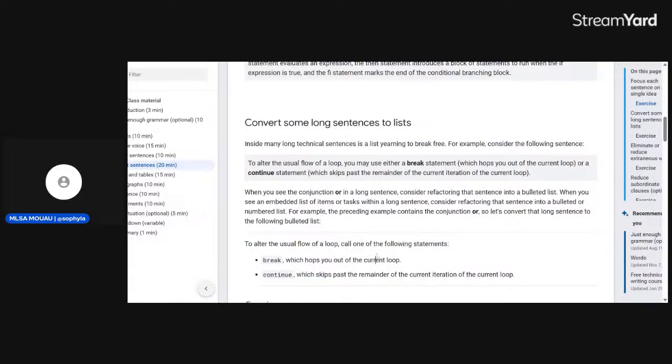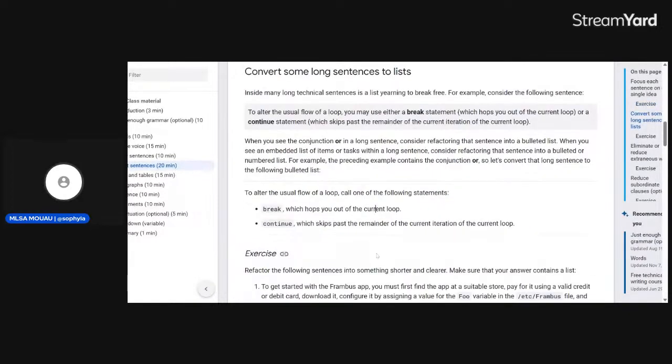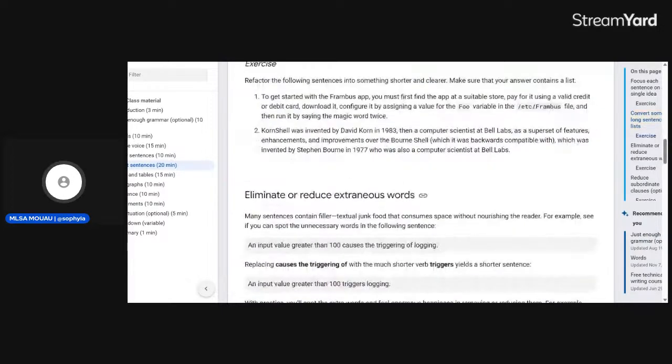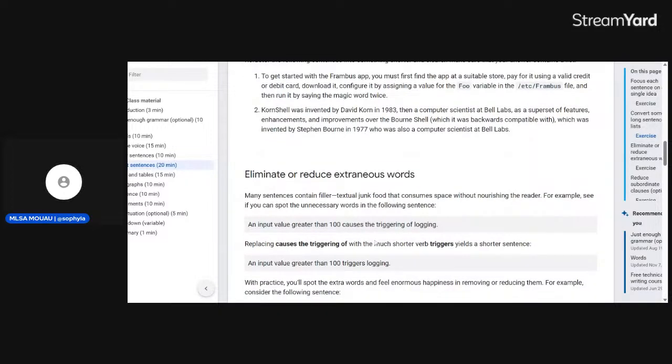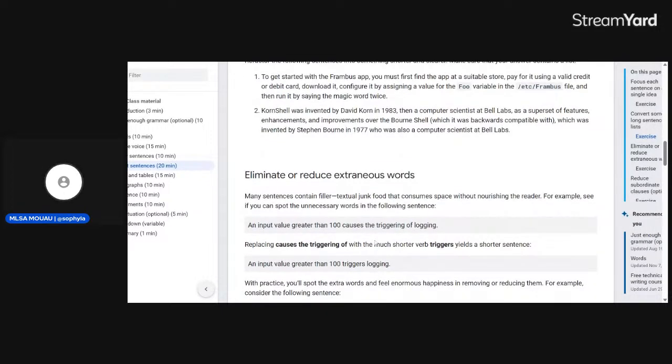If you can break down your long sentences into lists, it will also help your readers. And like I said earlier, try to avoid or reduce using big words because you are trying to pass information out.